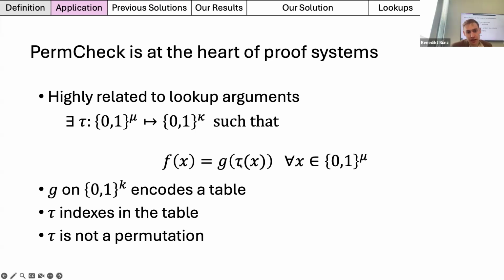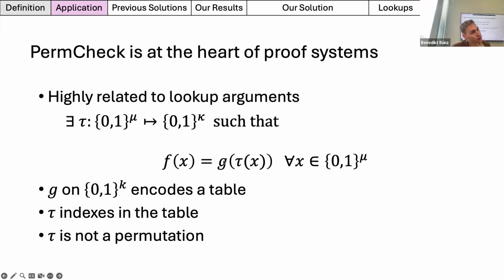The way I do it is I take the first value of F, at X equals 0. Let's say it's the third value in the table, then I would encode that in tau. I basically encode the indexes in tau and prove that this relation holds. So it's another nested function.